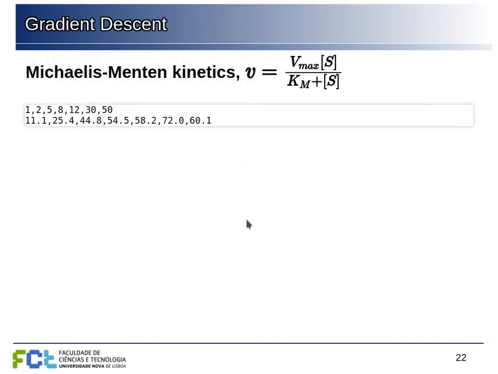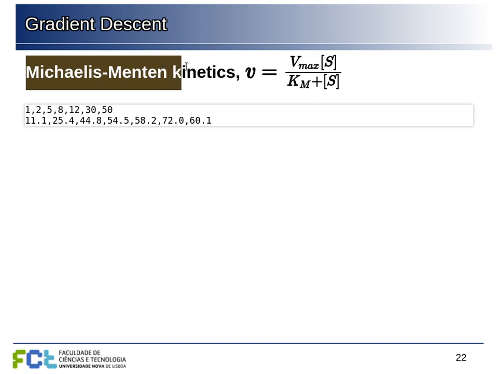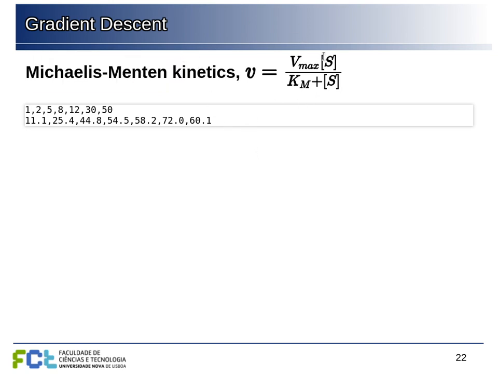So let's see a practical example from biochemistry. I think most of you are familiarized with the Michaelis-Menten kinetics. This is a very basic model where we know that the initial velocity of an enzyme reaction will depend on the concentration of the substrate, and it has some saturation that is determined by this Km value.